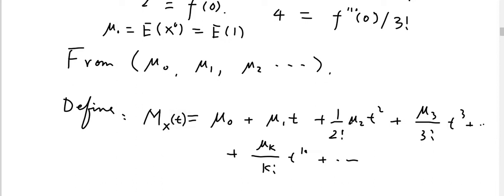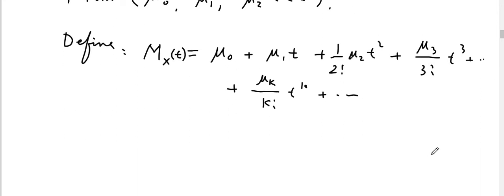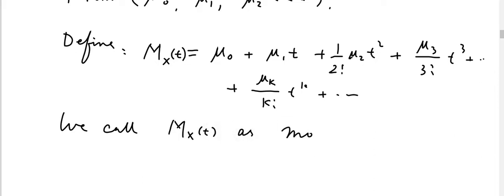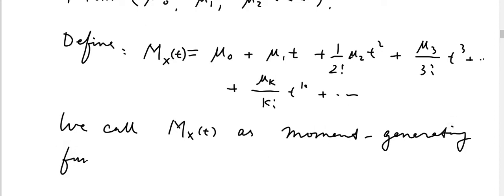So we call this function the moment generating function of the random variable x.